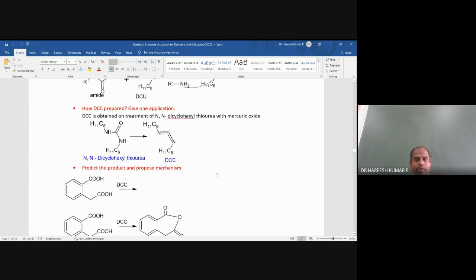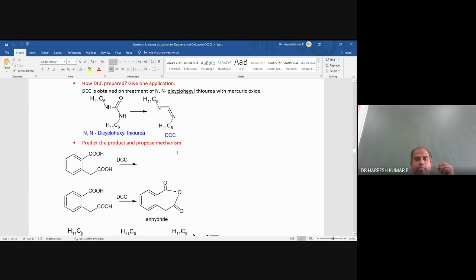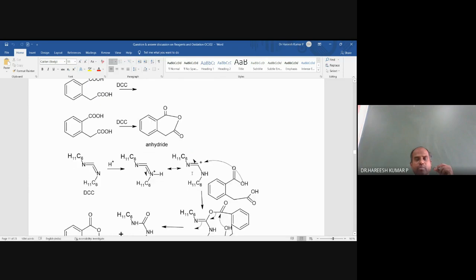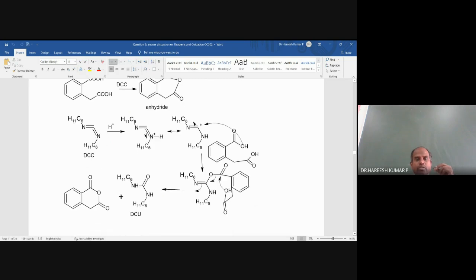And here I am talking about one more application of DCC. Removal of water, OH and H, from the acid using DCC gives rise to anhydride formation. So this is the product and this is the mechanism. DCC in the presence of proton gives an intermediate like this, then the carboxylic acid lone pair or bond pair forms a bond over here and gives an intermediate like this.